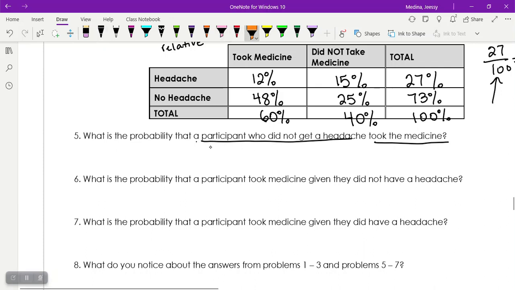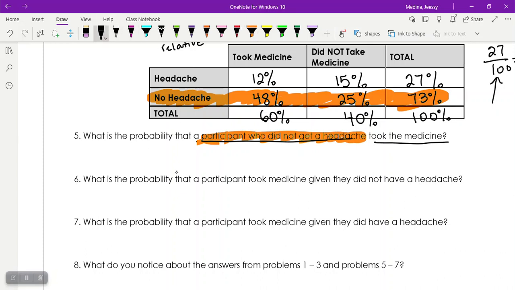This time, it's all the ones who did not get a headache out of those who took medicine. So no headache is this right here. So what are the two numbers? Took medicine. How many took medicine?